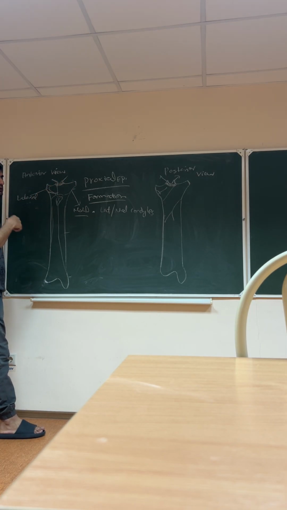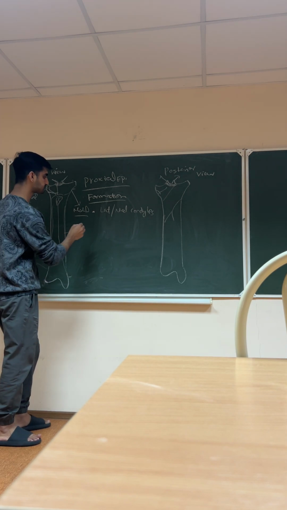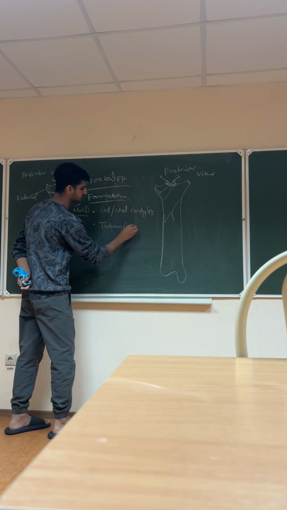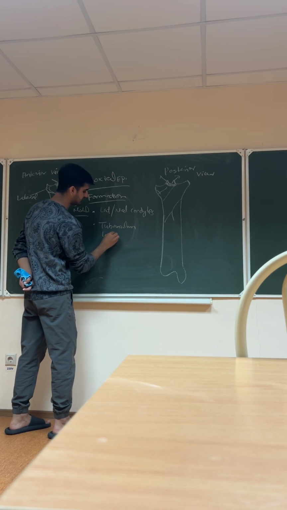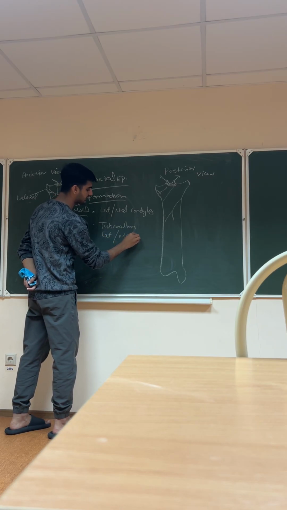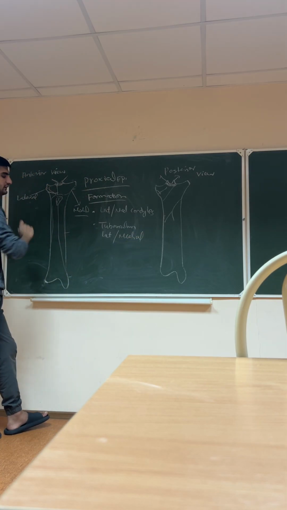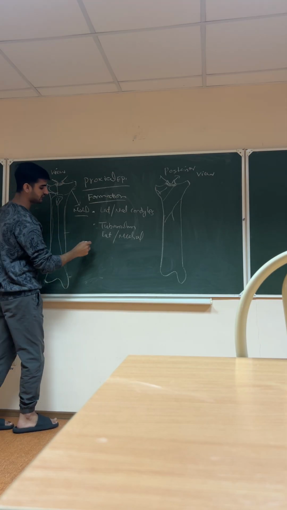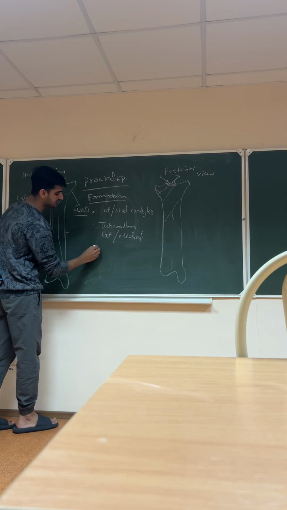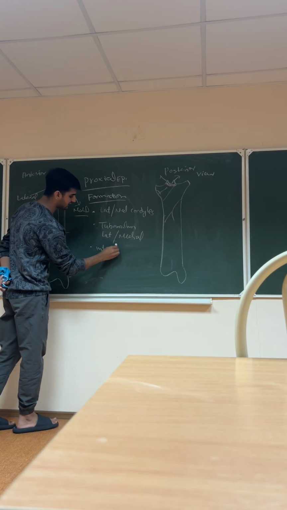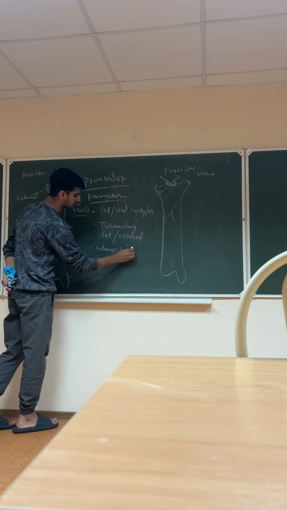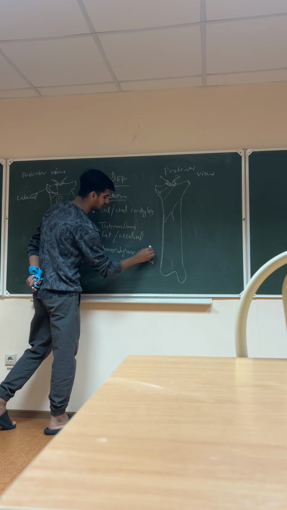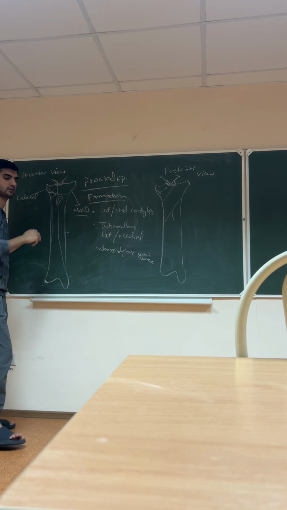In Latin we say tuberculum laterale and tuberculum mediale, the lateral tubercle and medial tubercle, and between them we have the intercondylar eminence.